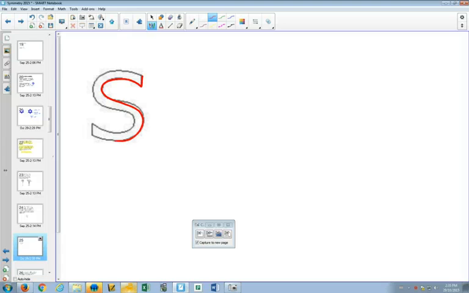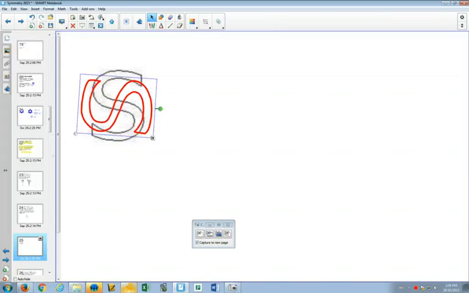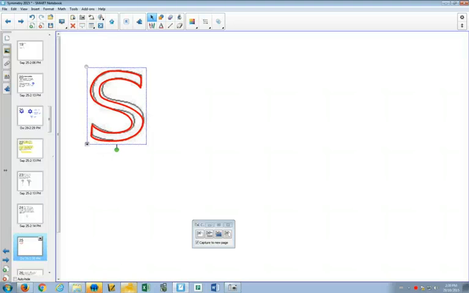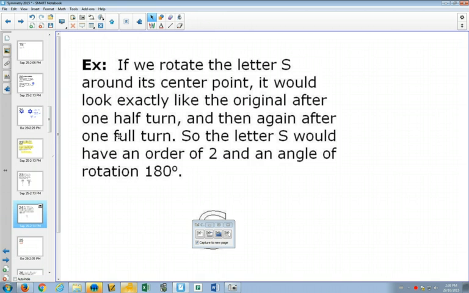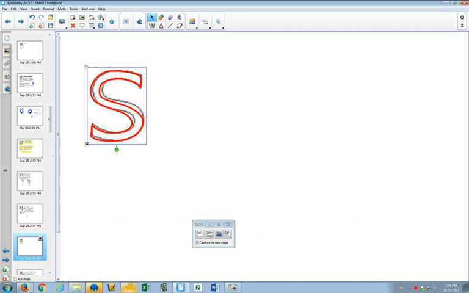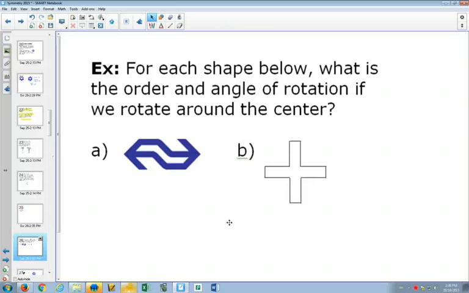I didn't do the best job of tracing, but yeah, it's a little bit off, but it's pretty close. If you draw a normal S, like if you're writing Sarah, then it won't be the same.